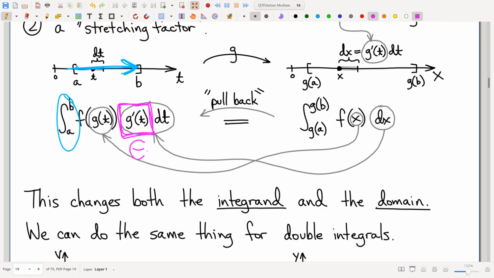Then the function's going this way, which means that G of A would be the bigger value and G of B would be the lesser value. We'd be going the opposite way, and the fact that this is the greater number and this is the lesser number would imply a minus sign correspondingly on the right.